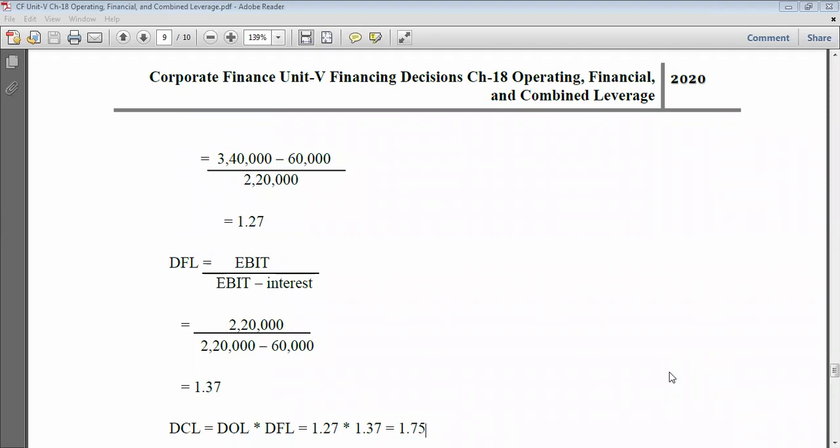For example, if this company's sales increase by 1%, the earning per share will increase by 1.75%. And vice versa, if the sales decrease by 1%, the earning per share will decrease by 1.75%. So this is the magnifying effect.